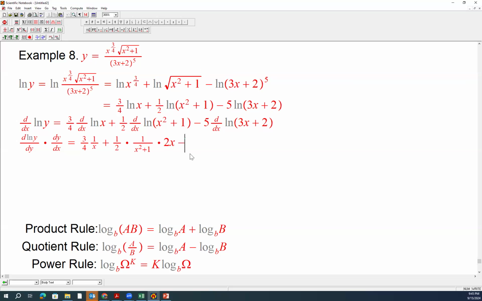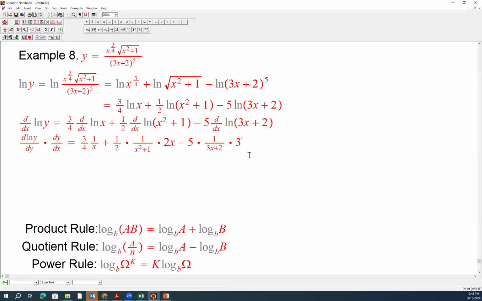The last term, 5, is the derivative of ln of 3x plus 2, so it's 1 over 3x plus 2, and the derivative of 3x plus 2 is 3.